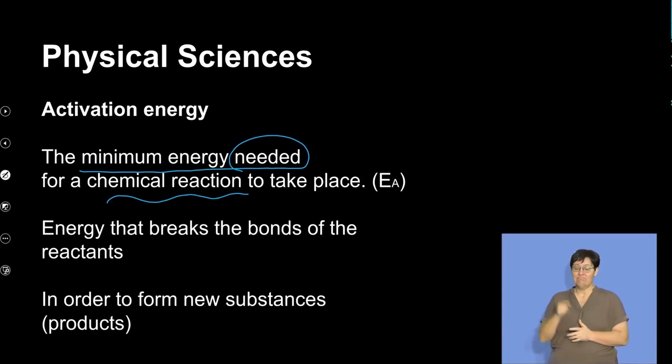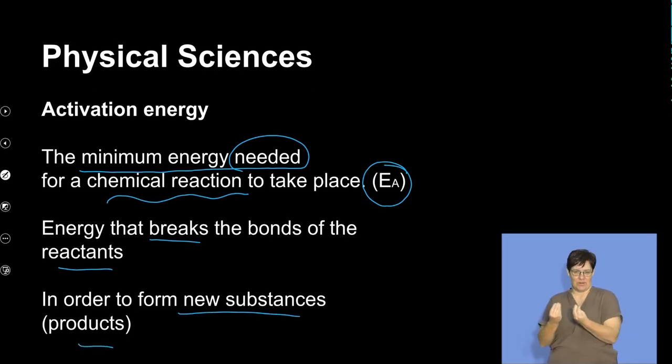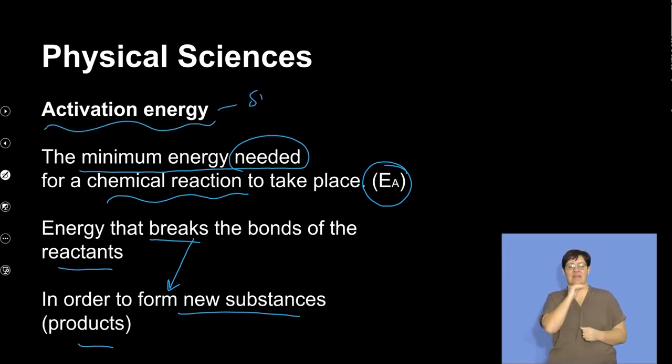We use the symbol E with a subscript A for activation energy. It's the energy that breaks the bonds of the reactants, and the reactants will form new substances or products. The bonds must first be broken in order for the reaction to proceed, and at the point where the bonds are broken, we have sufficient activation energy.